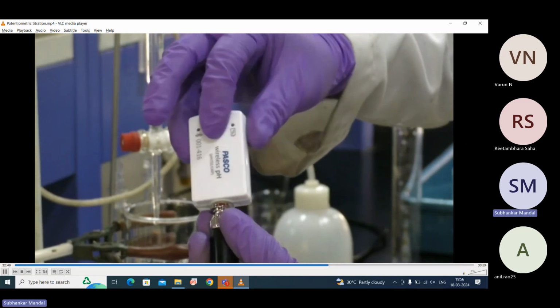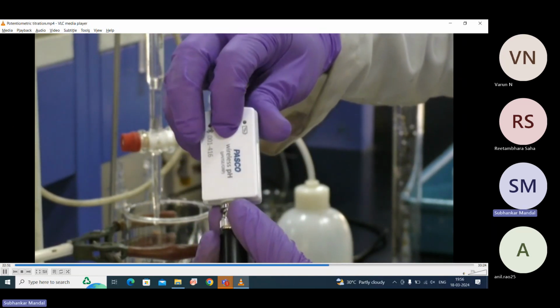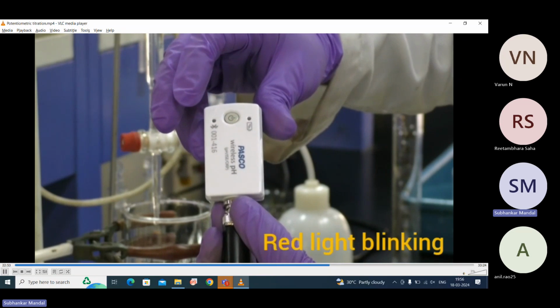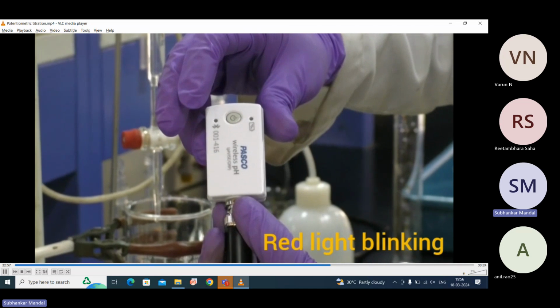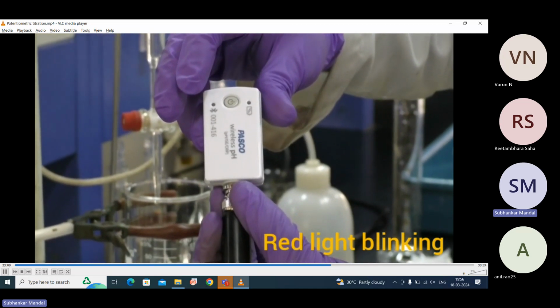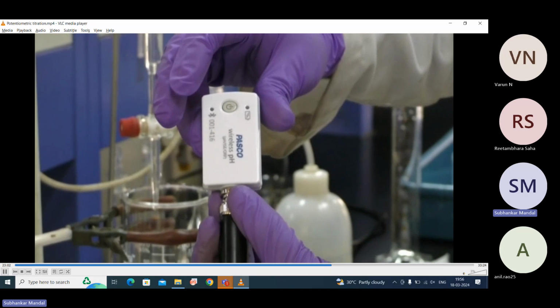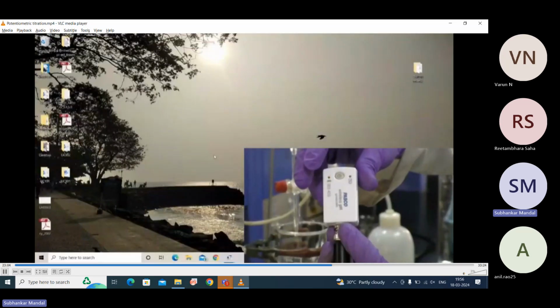Okay, so this is the Bluetooth Pasco wireless pH meter. It can measure the pH also, so you can do pH dependent measurement as well as voltage measurement.